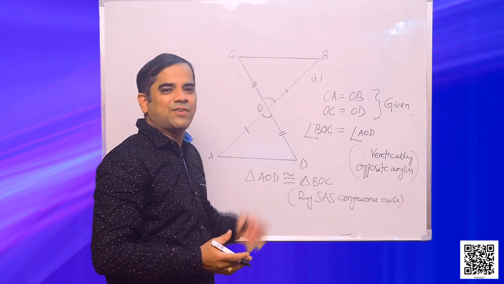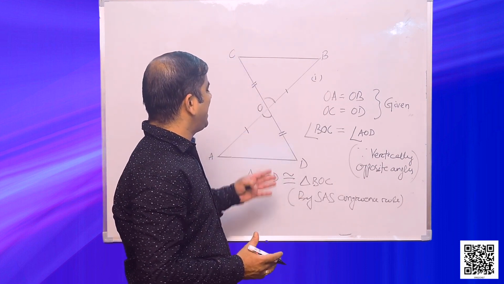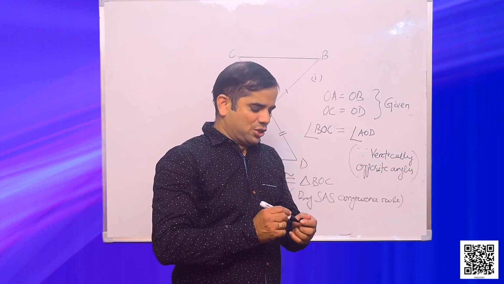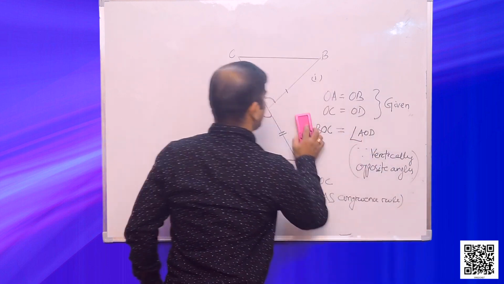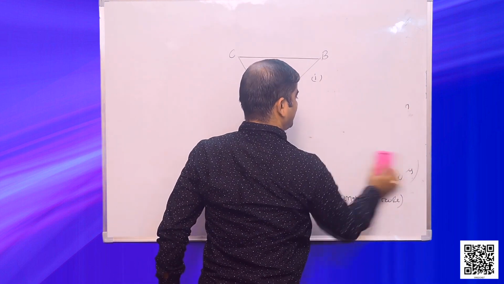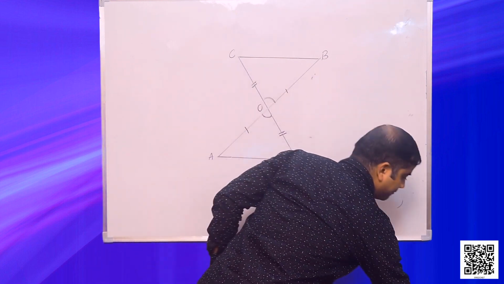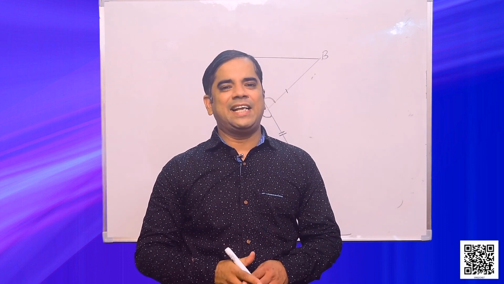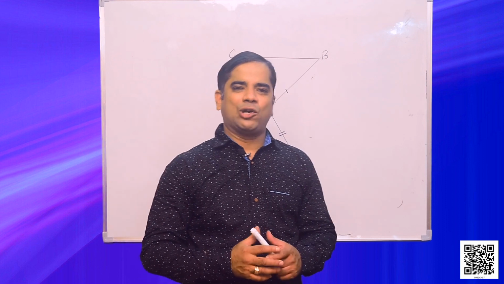Fine. So, in this way we have proved that triangle AOD is congruent to triangle BOC. So, let us go for the second bit. We need to prove that AD is parallel to BC.